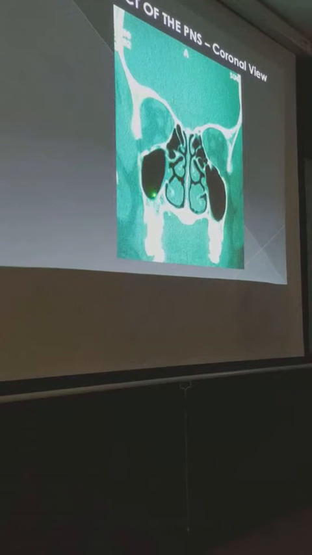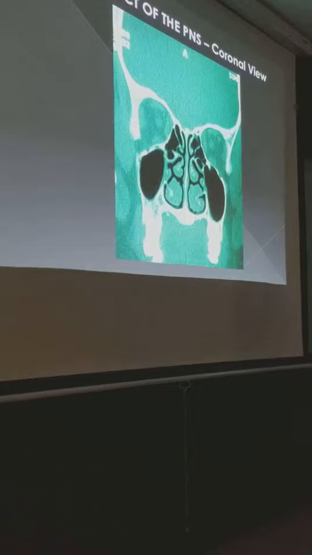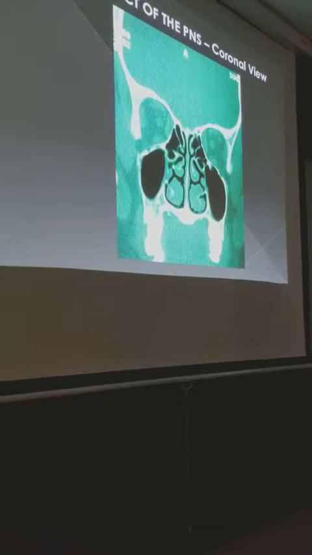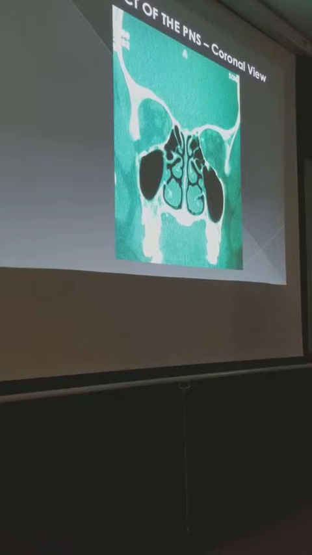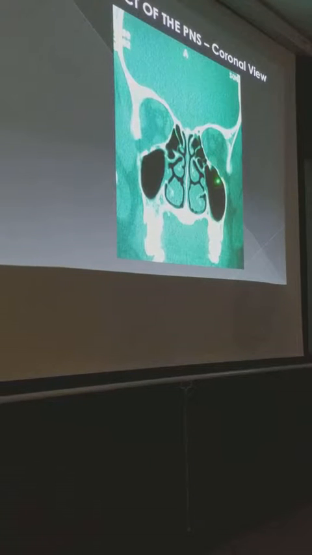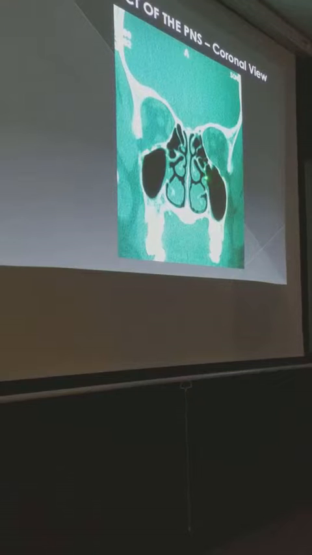Remnant, perpendicular plate of your palatine bone. Do you agree, guys? Septum, your turbinate, middle turbinate, attaching to the lamina papyracea, flattened, thickened skull base. Agree? Okay.